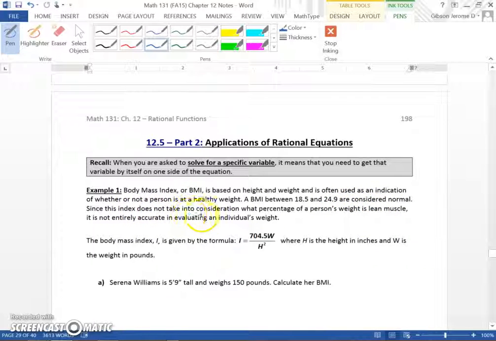Since this index does not take into consideration what percentage of a person's weight is lean muscle, it is not entirely accurate in evaluating an individual's weight. The body mass index I is given by the formula I equals 704.5 times W over H squared, where H is the height in inches and W is the weight in pounds.